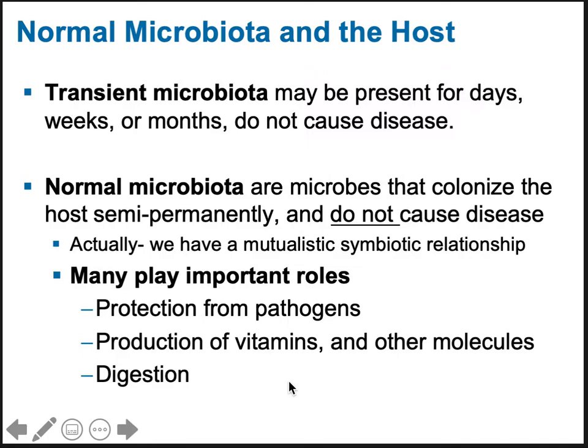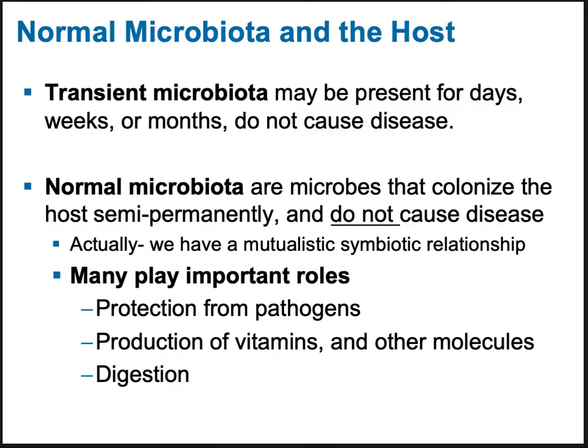So now we're learning that there's actually a really interesting relationship with our gut and our immune system. And so we believe that a healthy gut microbiota from an early age can actually greatly reduce the likelihood of developing autoimmune disorders, even allergies.